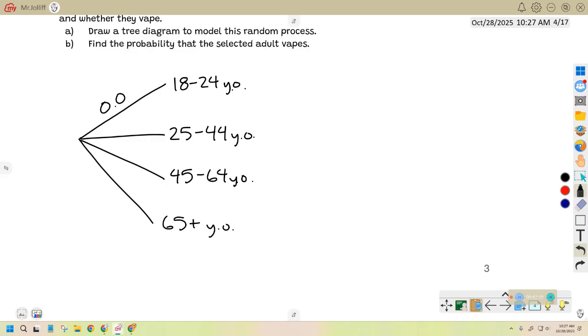So that's 0.09 in decimal form. 36% are 25 to 44, 0.36. 33% are 45 to 64, 0.33. And then 22% are 65 and older, 0.22. Writing sideways is hard.